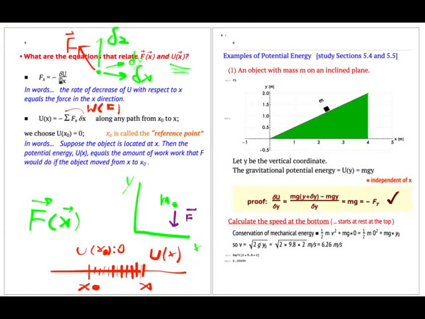Well, the force is a negative rate of change of the potential energy. The potential energy is the sum of small displacements times the force at that position times negative 1.